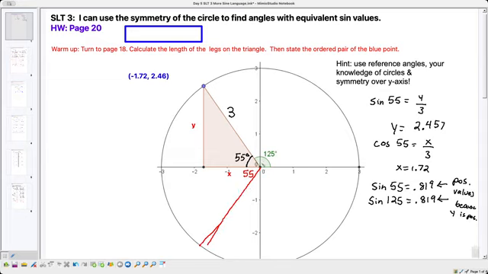Okay, now it's 180 plus 55. This angle is actually 235. So on our calculator, let's type in the sine of 235.